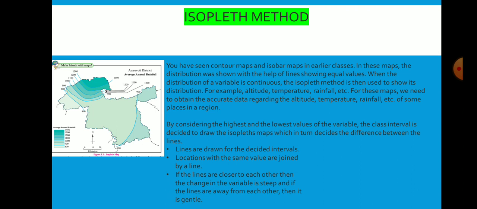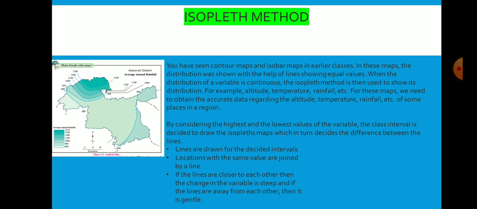It is assumed that the difference between the altitude or rainfall of two places changes at a uniform rate. The sub-administrative units are not taken into consideration here.